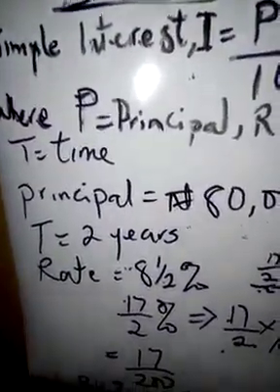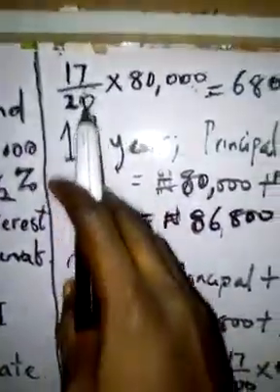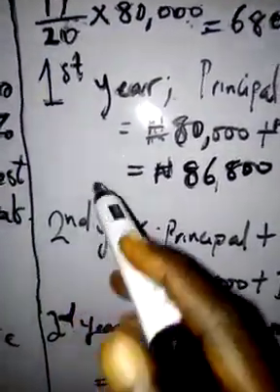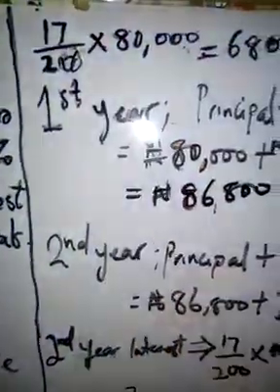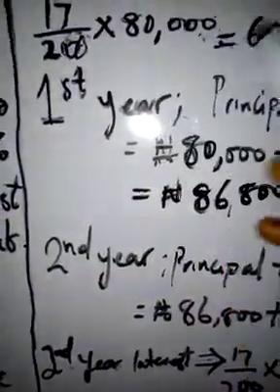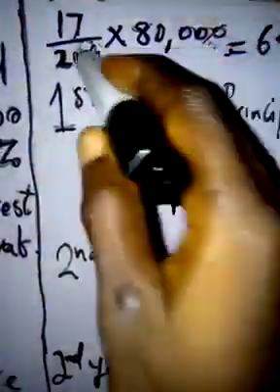So the 8.5% of principal will now be what? That will be 17 over 200 multiplied by 80,000. So we cancel this one, cancel this.